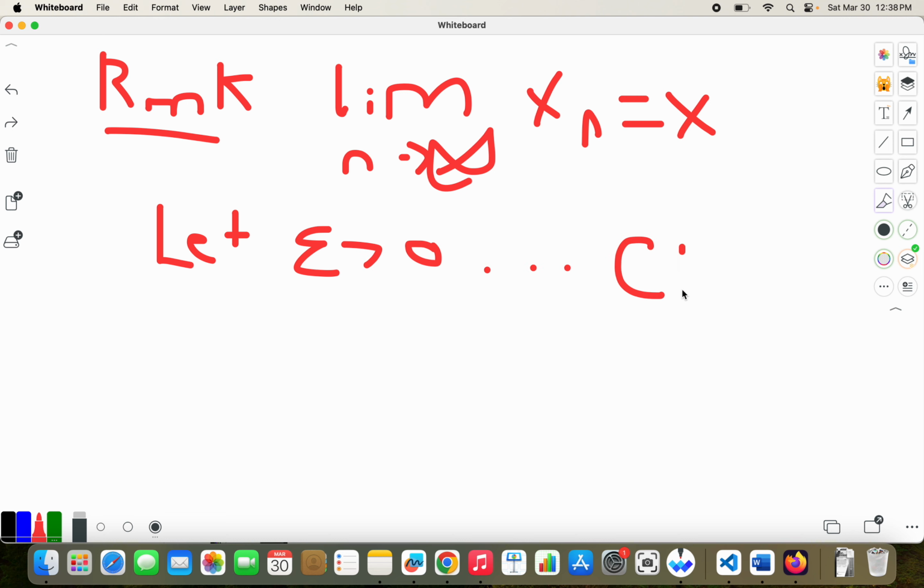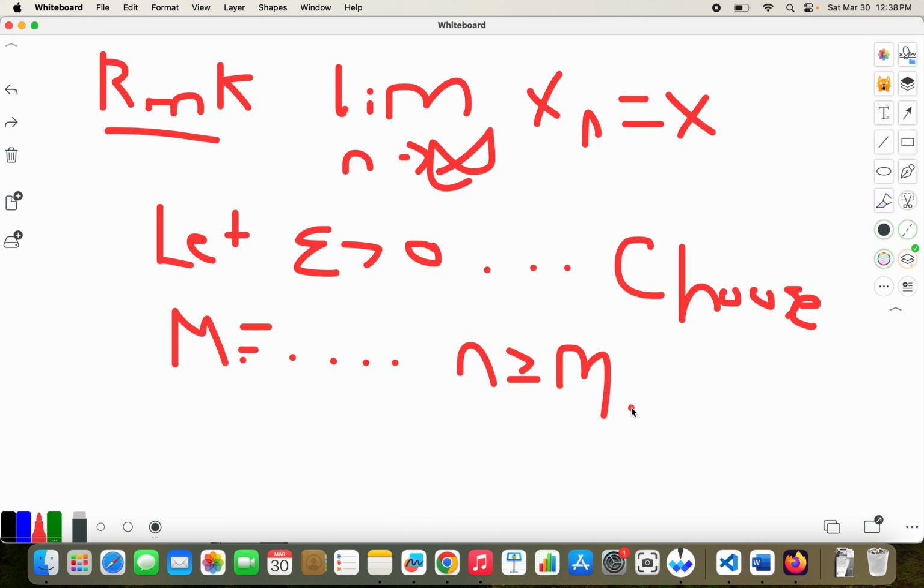Then we choose m to equal something. Then if n is greater than m, |xn minus x|, no, there's no dot here, it's just a period. So minus, actually there are a bunch of dots here, sorry.